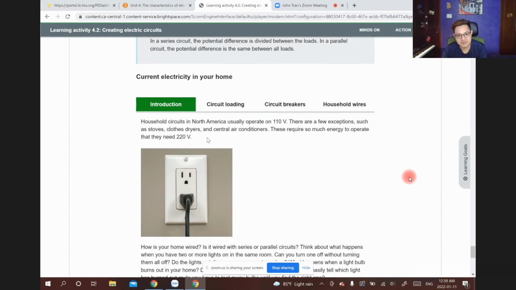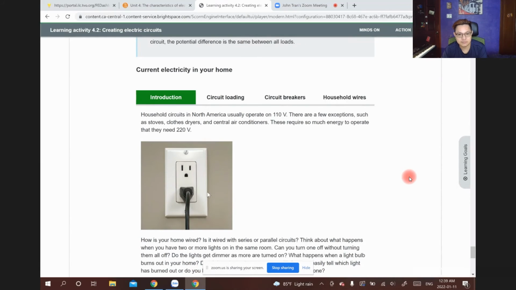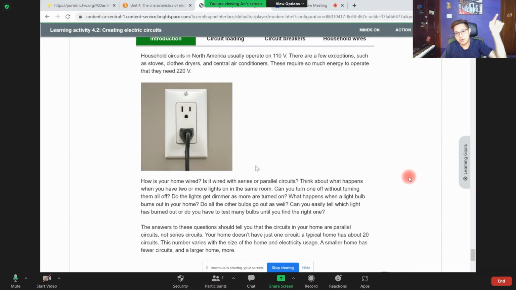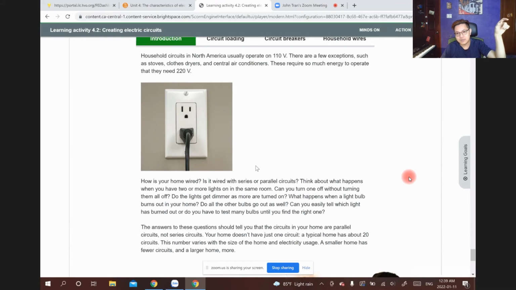How is your home wired? Is it wired in series or parallel circuit? Think about what happens when lights are in the same circuit: you must turn on all of them at once, right? Because if you turn on one, you cannot just say I turn on one and I do not turn on the other, because electricity has to flow through all of them, right?